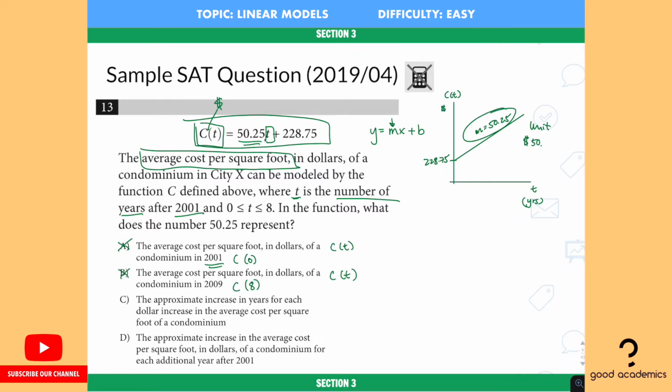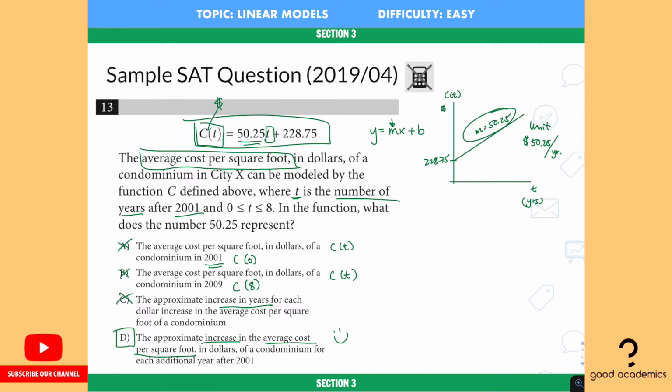It is $50.25 per year. So choice C would not be correct because it's not the increase in years, it's the increase of price, the increase of average cost per square foot. So that leaves us with D because it says the approximate increase in average cost per square foot, which is very, very happy because that's exactly what we knew at the very beginning.